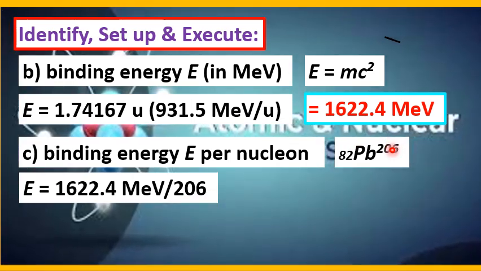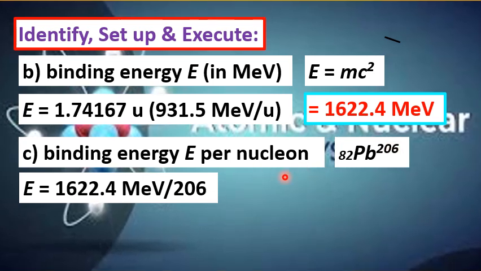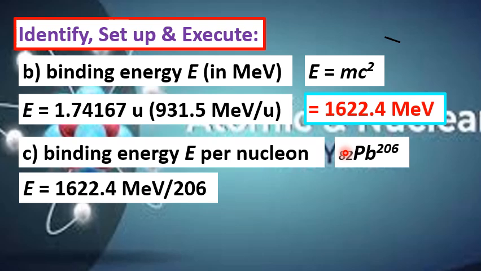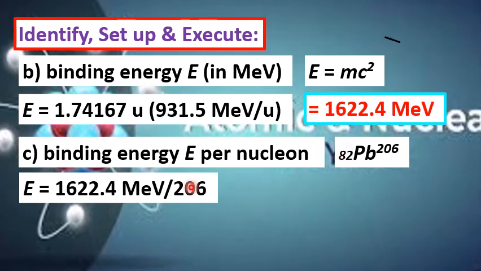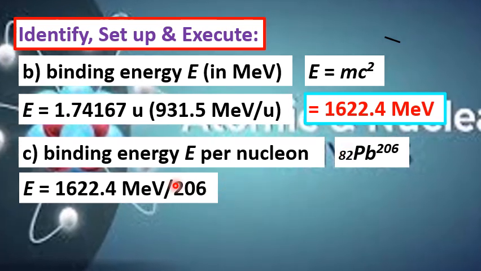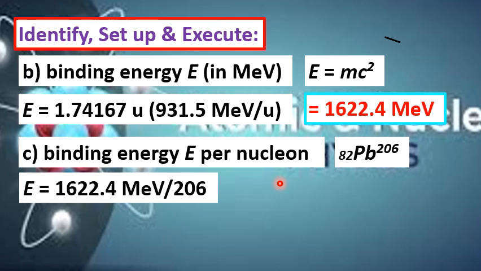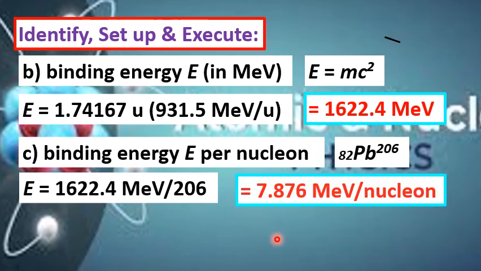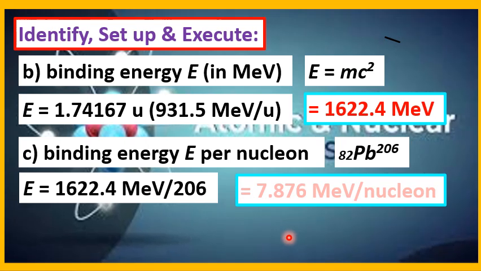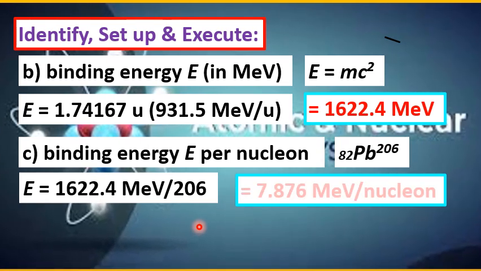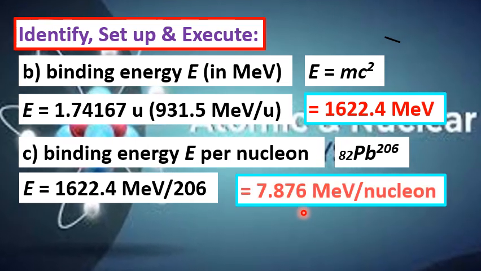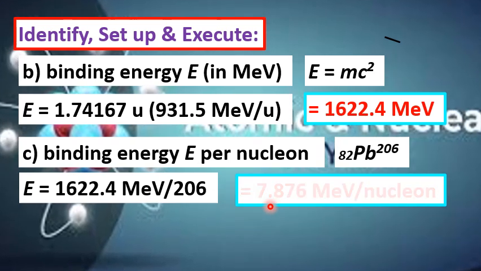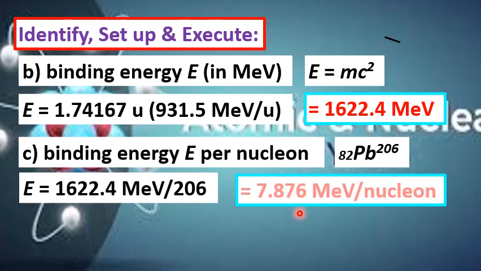When you say nucleons, this is a collective term referring to either proton or neutron. So, simplifying this, we finally get the binding energy of lead 206, the binding energy per nucleon, equal to 7.876 million electron volts. That is per nucleon.